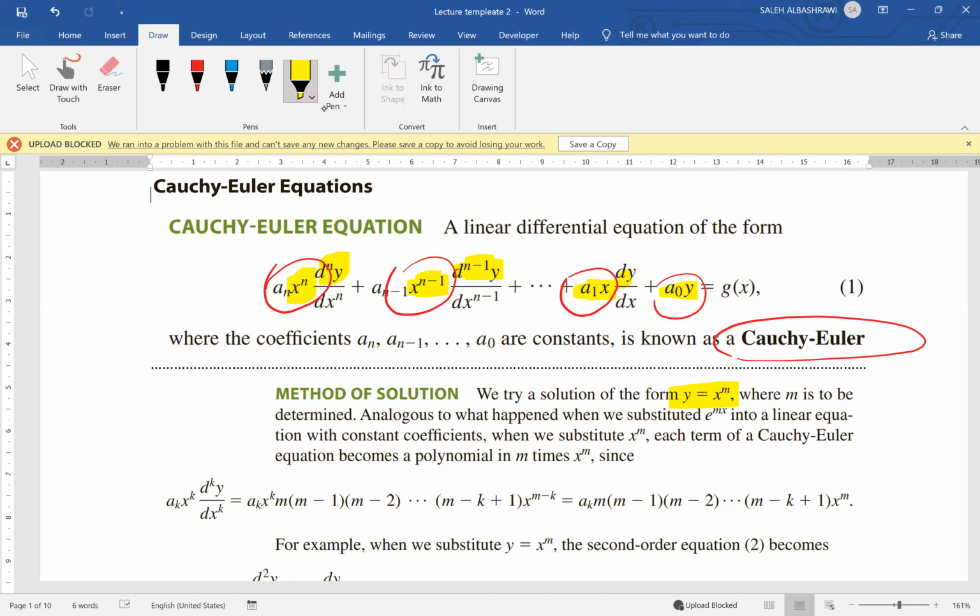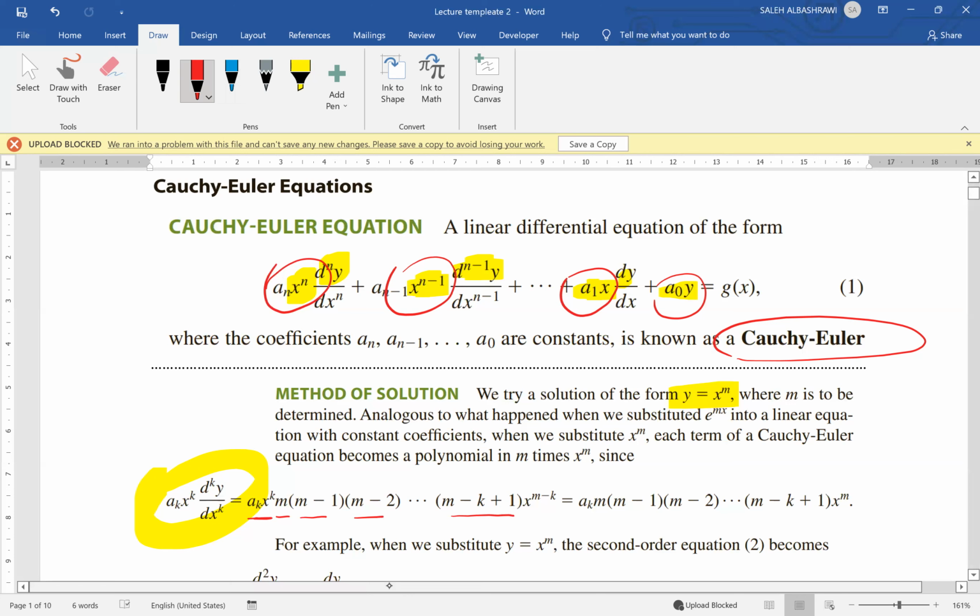If we differentiate this function k times, we will have a sub k x to power k, then m multiplied by m minus 1 multiplied by m minus 2 up to m minus k plus 1, multiplied by x to power m minus k.